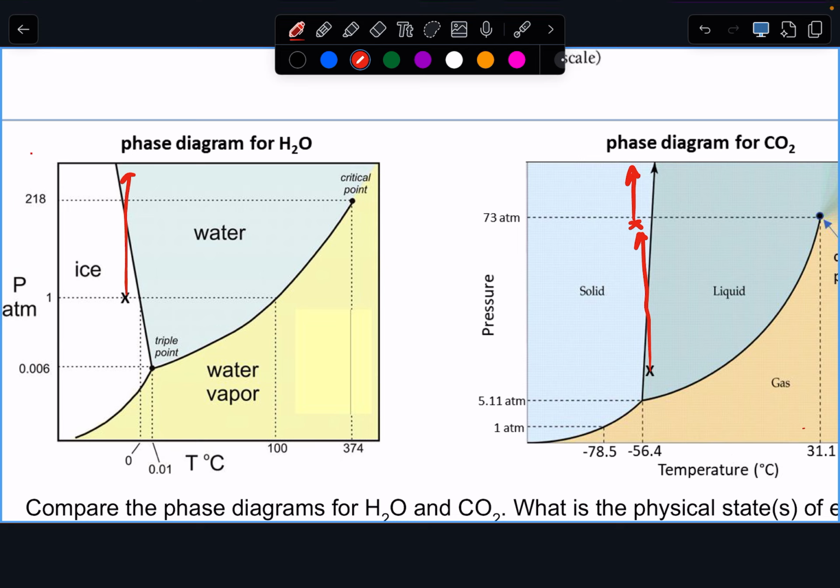All right, so for the water, if you start with ice and you apply a pressure.